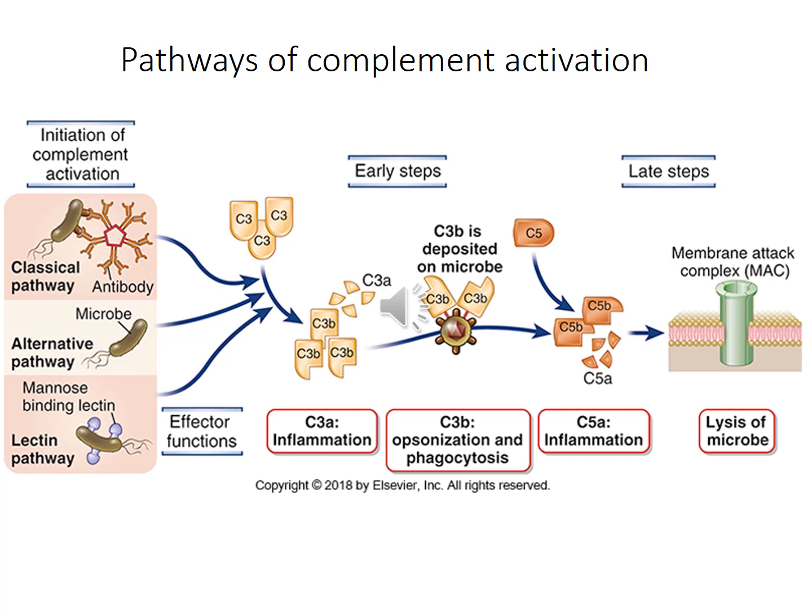C5b will initiate a complex formation of C6, 7, 8, and 9, which are assembled into a membrane pore called the membrane attack complex, MAC. And this complex can lyse cells where the complement is activated.